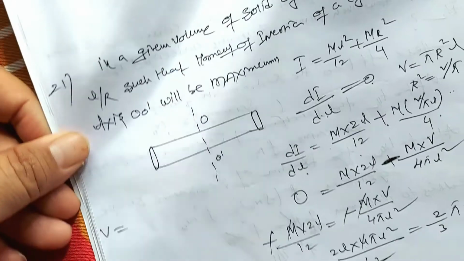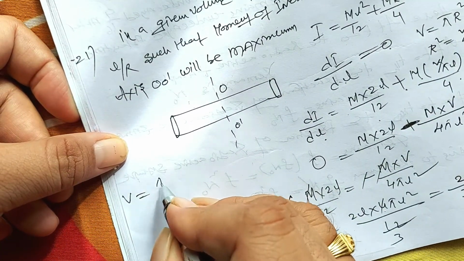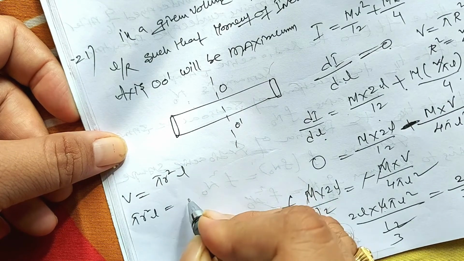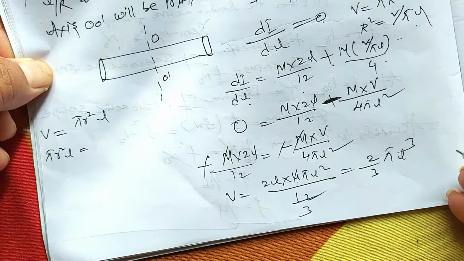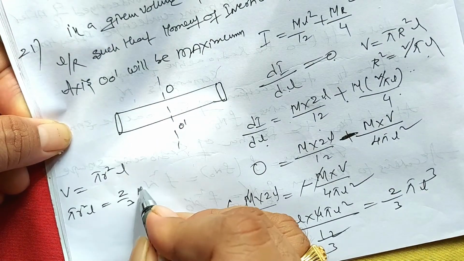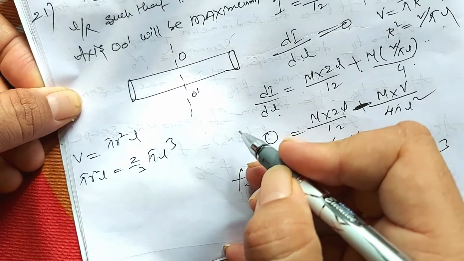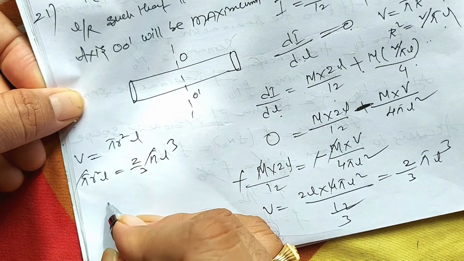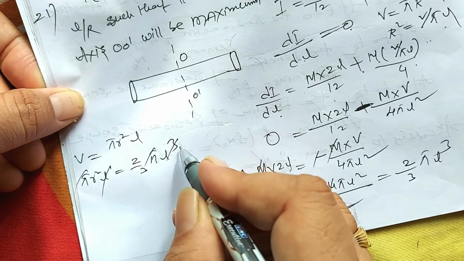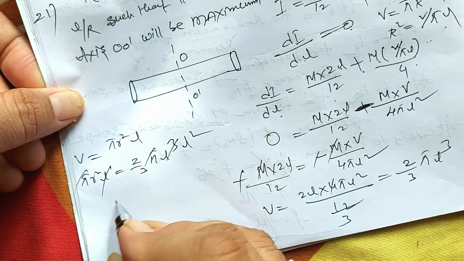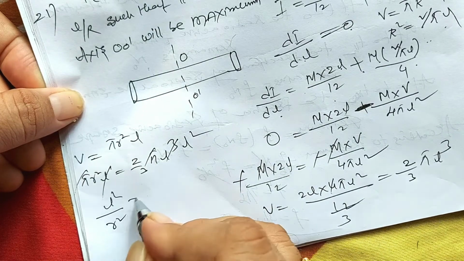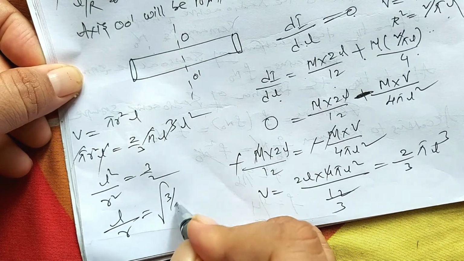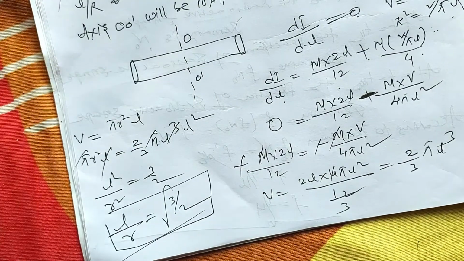V is equal to pi r square L. So pi r square L is equal to 2 by 3 pi L cube. Now pi cancel. This L cancel in L square times. Now L square by R square is equal to 3 by 2. L by R is equal to square root of 3 by 2.